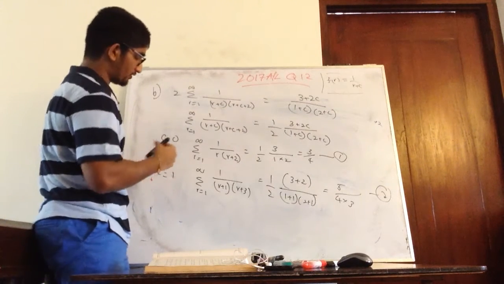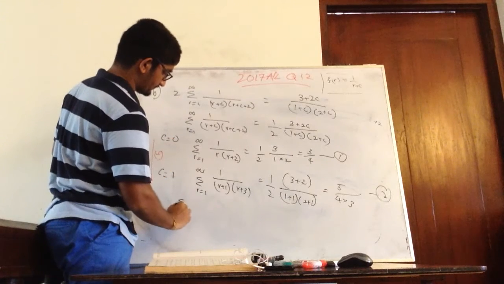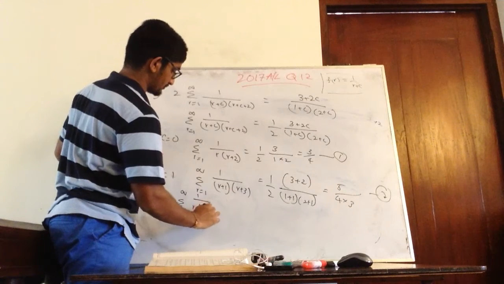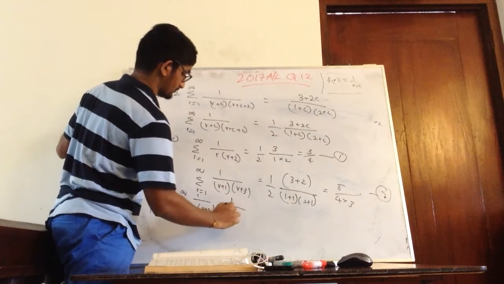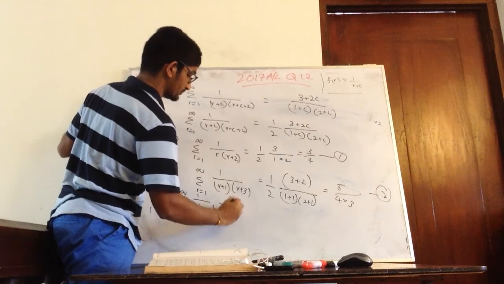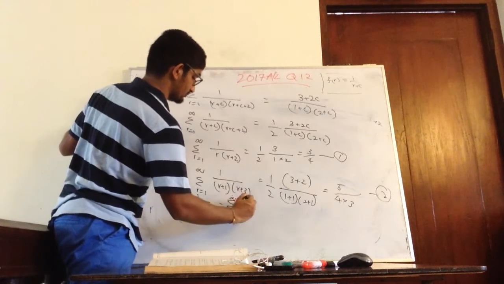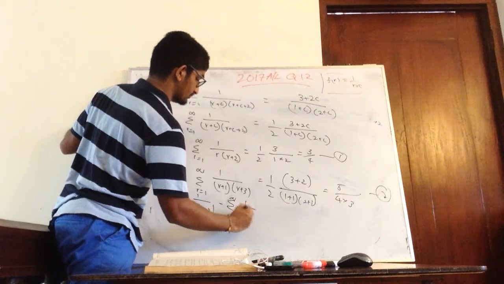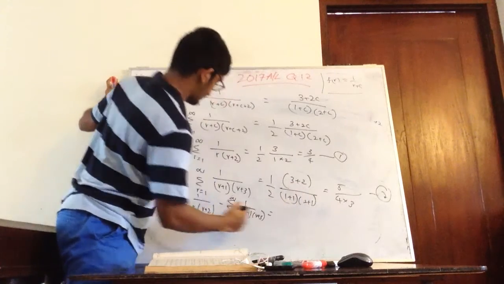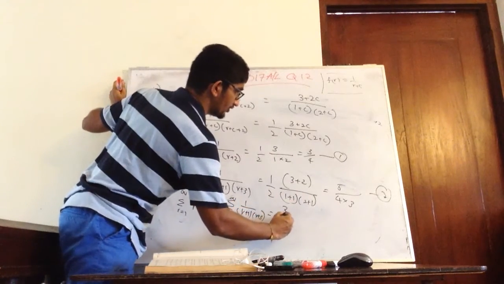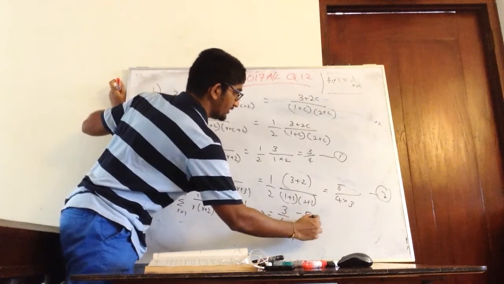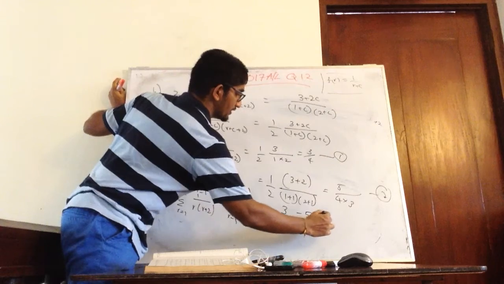If I minus this out, I will get 3 over 4 minus 5 over 4 into 3.